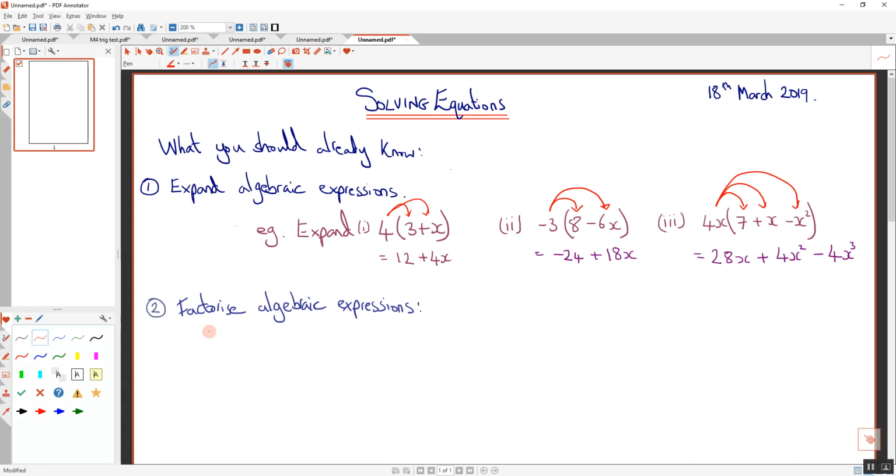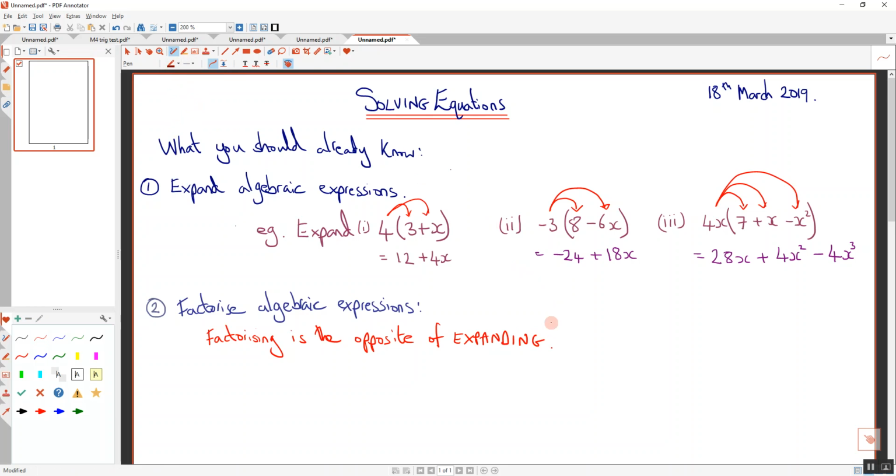Yeah, okay. So, in terms of factorizing algebraic expressions, write this down so you remember in future. Factorizing is the opposite of expanding. So we're going the opposite way, okay?